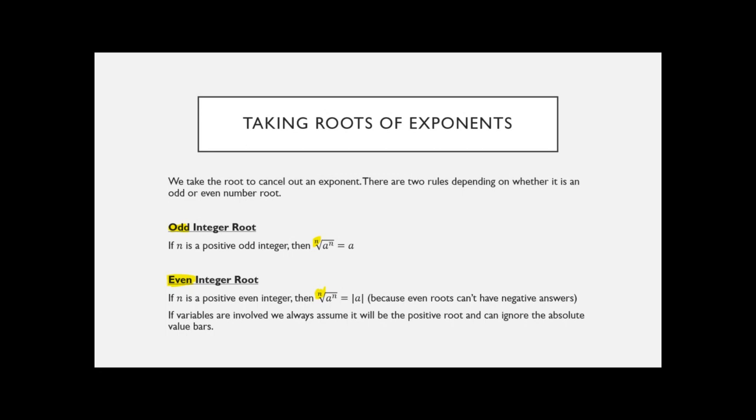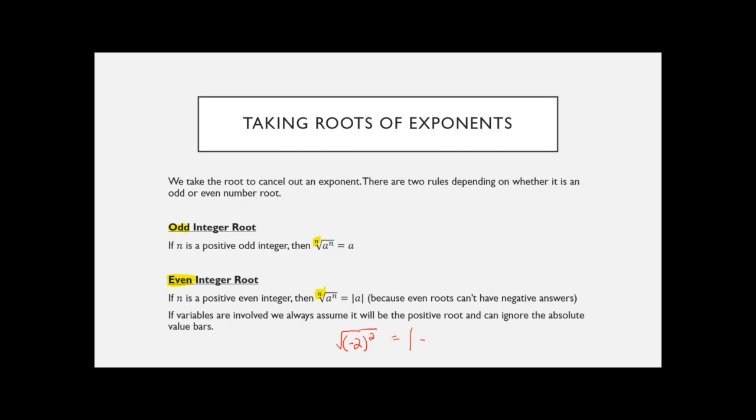It's a variable, so it doesn't matter. But just to demonstrate this, let's say I had a square root and then I had -2 squared. So normally the root and the square cancel, but then you're left with a negative. But you can't have negatives coming out of a square root. It doesn't work.